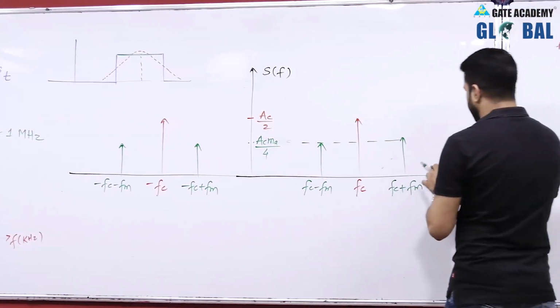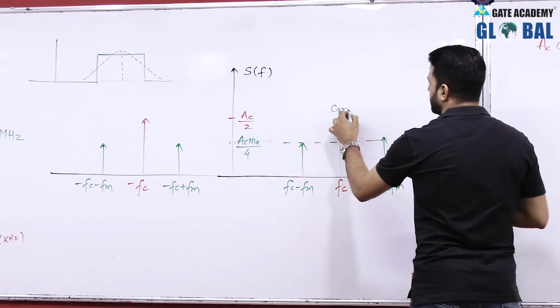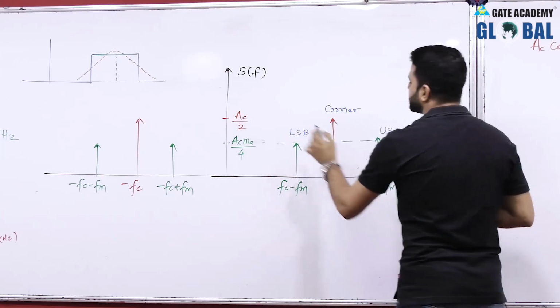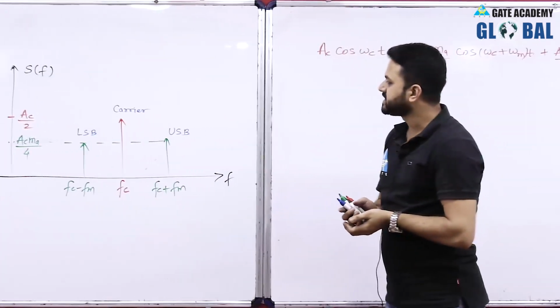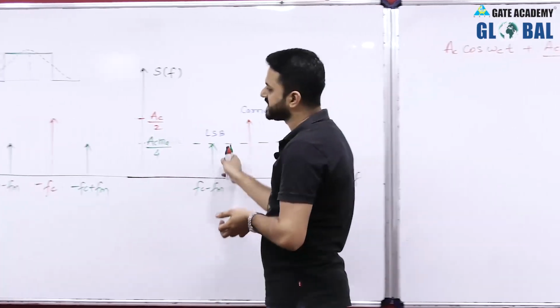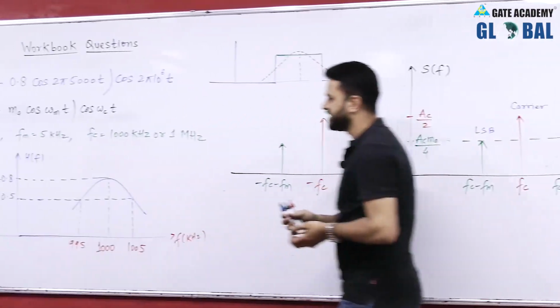So this is our carrier term, upper sideband and lower sideband, because this is an AM signal. It has two sidebands and a carrier. Now this amplitude modulated signal is passed through this filter.